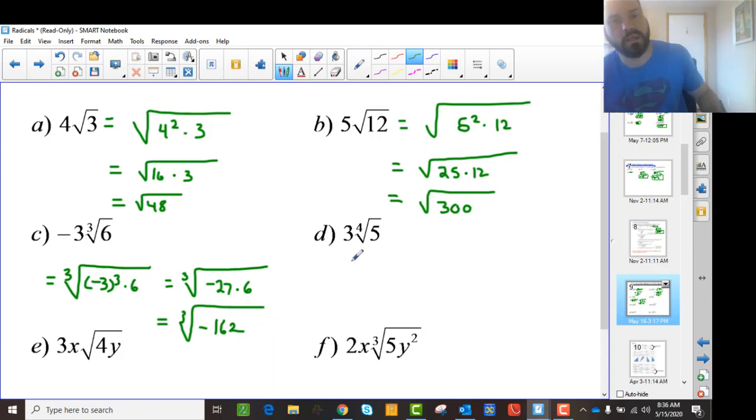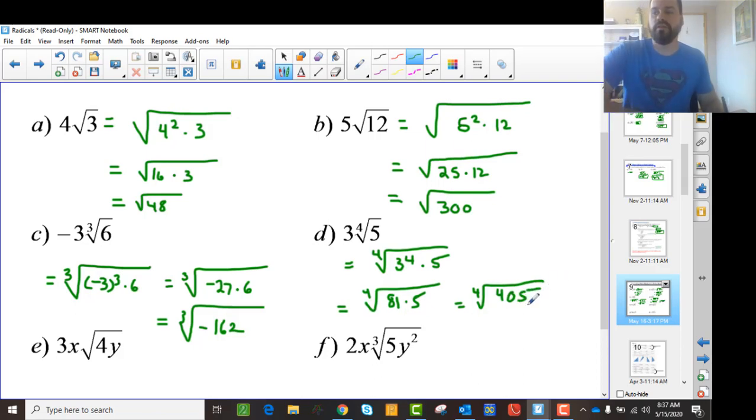Okay, here you have a fourth root. So again, we're just going to take the 3 and raise it to the index of 4, and that's going to give me 3 to the 4th times 5. 3 to the 4th is 81 times 5, and that's the fourth root then of 405.